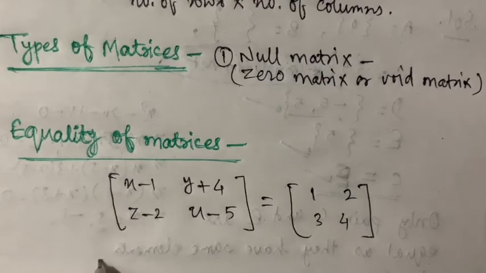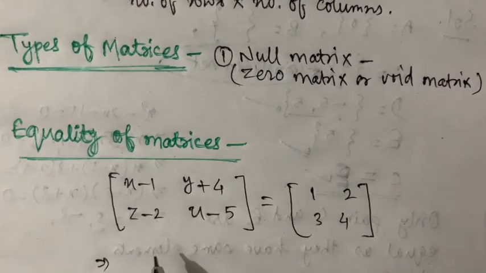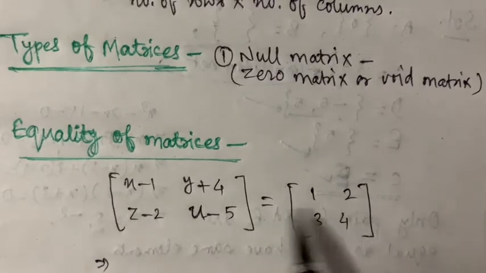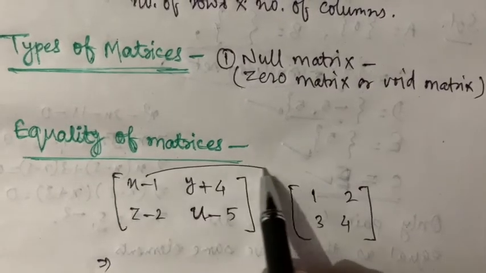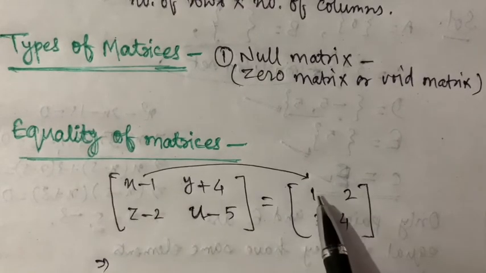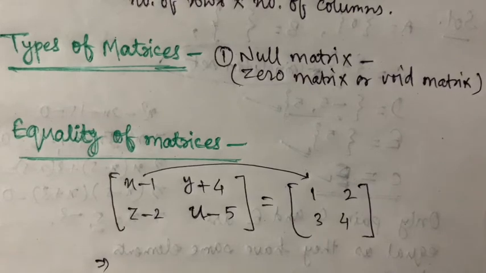Then we can get the values of x, y, z and u by equating them. By equating them, I mean each element will be compared with the corresponding element of the second matrix.